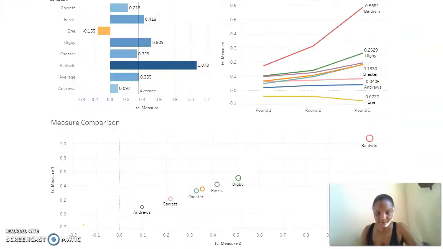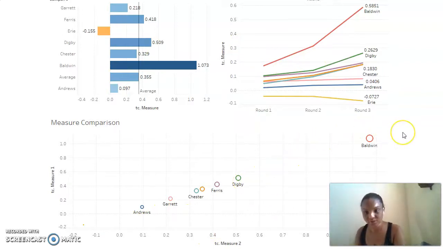And then the interaction amongst charts. So here's the measure by company. Here's the measure by round, and here's the measure by comparison. As you can see, Baldwin is kind of the common denominator to me. Looks like Baldwin has the highest number in all these charts.